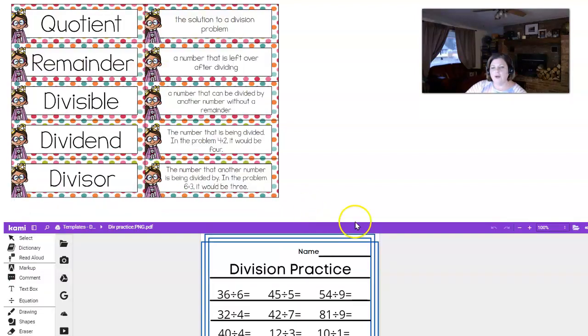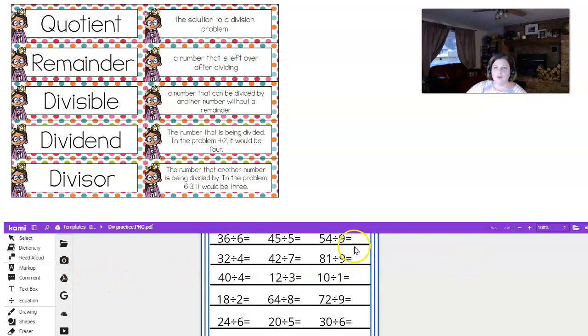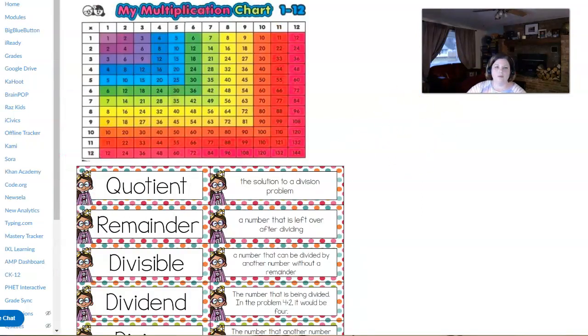So for your homework practice today, you'll be asked to solve for division practice. In order to solve 36 divided by 6, what I like to do is think of 6 times what equals 36?